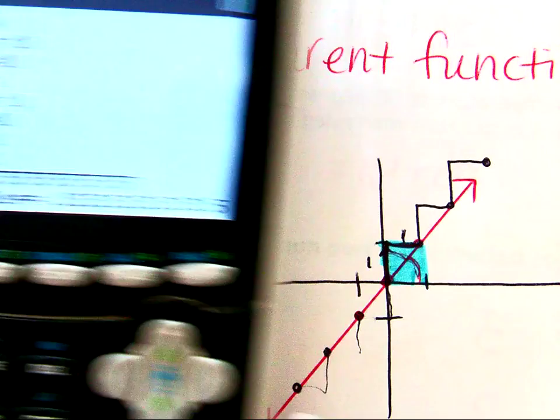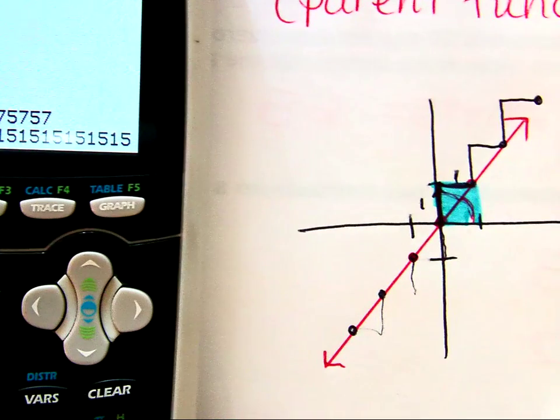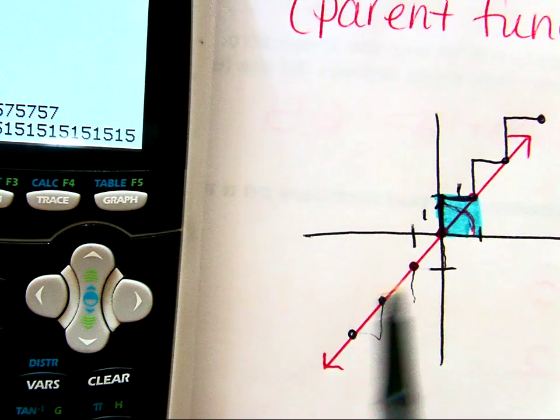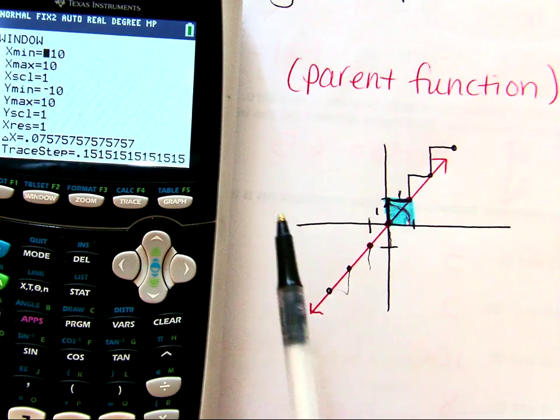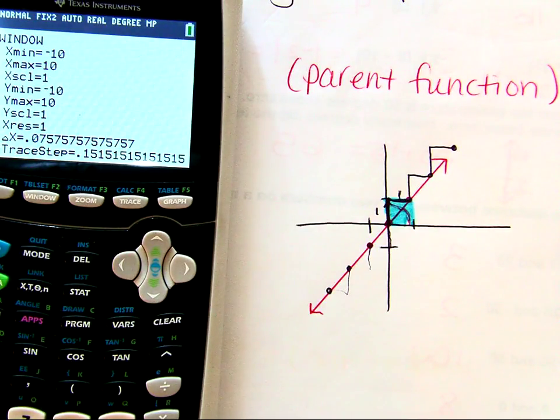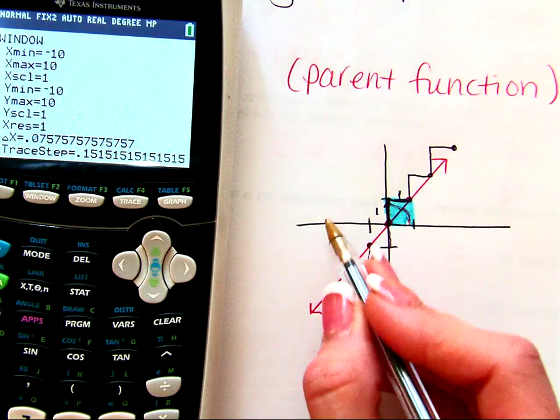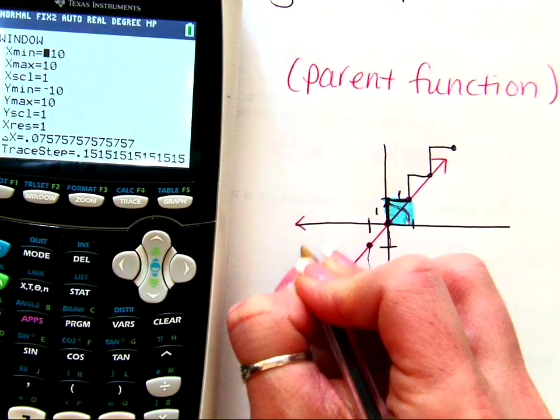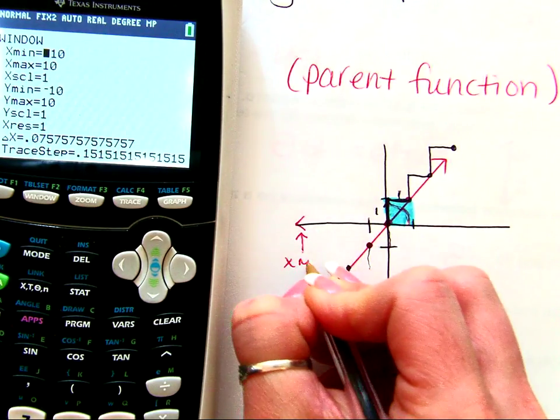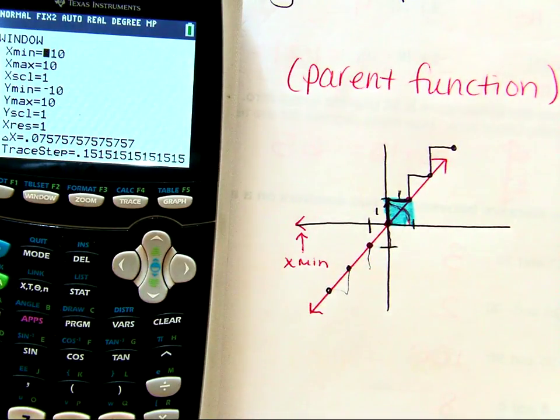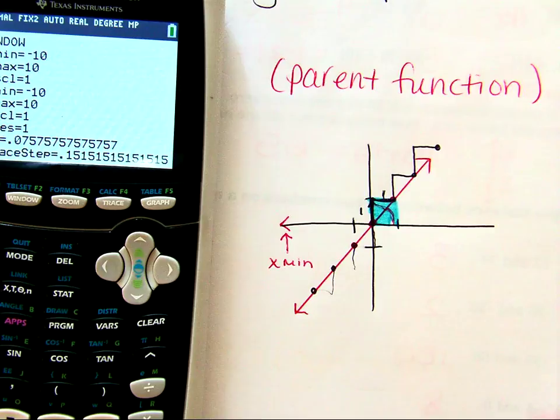So if we're talking coordinate plane, and I'm looking at a graph right here, north, south, west, or east, which one do you think is my x-min? Min stands for minimum, by the way. Minimum means how low can it go? Or in this case, how far to the left do you want it to go? So this part right here is called our x-min. It's how far you want your x-axis to go, which would make our x-max.